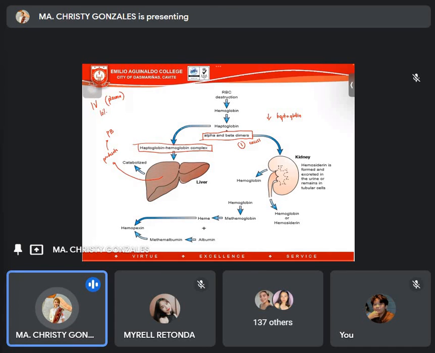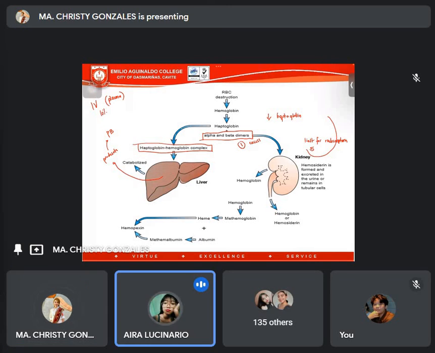But don't worry, your kidney has the capacity to reabsorb. But there's only a limit. What's the limit? 5 grams per day.